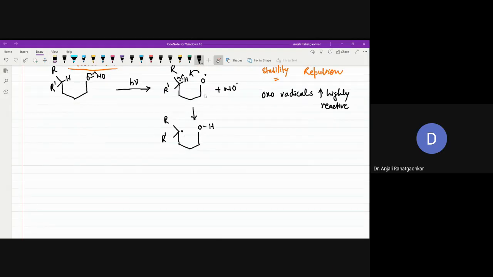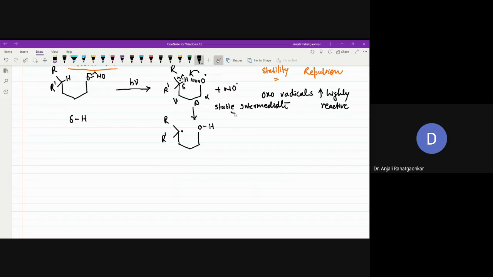Now here what is important is this is alpha, beta, gamma and delta. So delta H, abstraction of delta H. Why is this delta H most important? Because this will form a six-membered intermediate, and that is why you will get a very stable intermediate, which is six-membered.